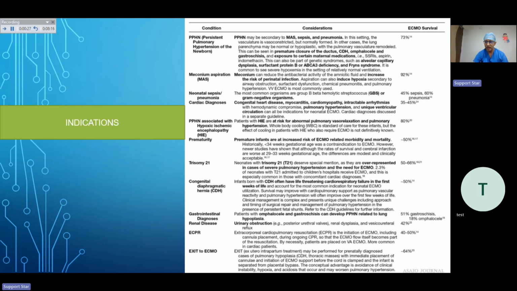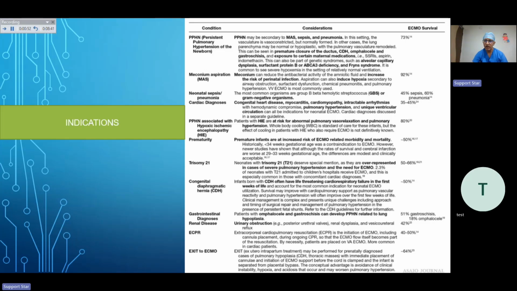These kinds of things can warrant ECMO, because if we are unable to manage on double inotropes with inotropic score exceeding 25 and lactate is increasing, then we have to put them on ECMO so that we can give rest to the heart. And sometimes in cardiac arrest, if we are unable to establish a return of spontaneous circulation, we have to do eCPR.